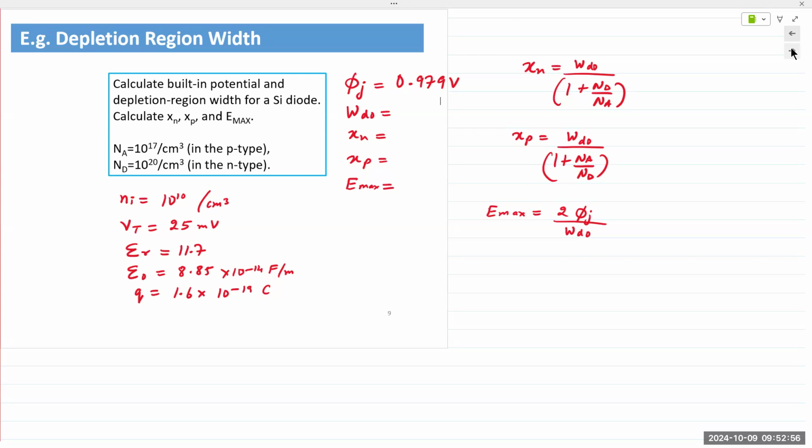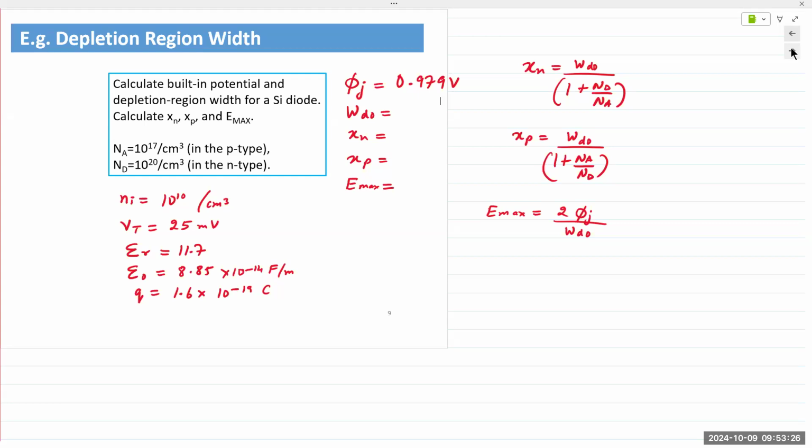So it is WD0. Off by 10 raised to minus 2.